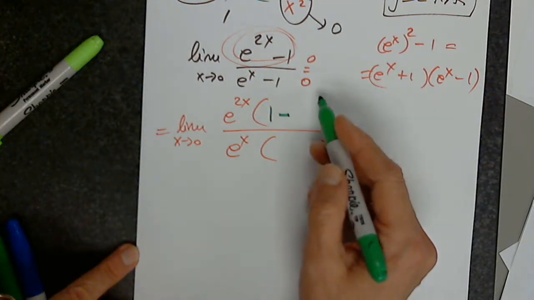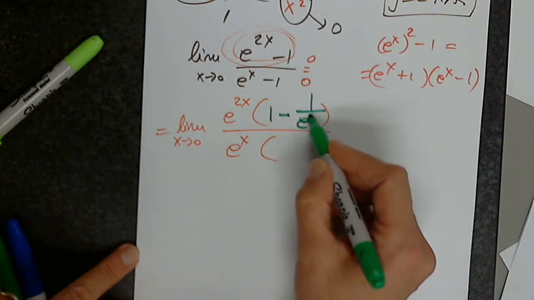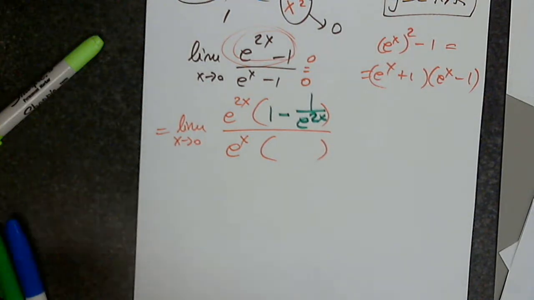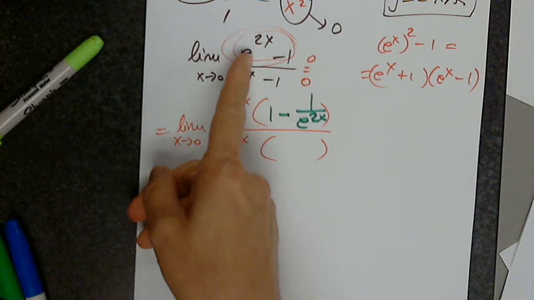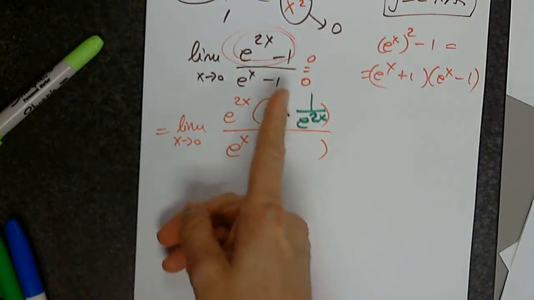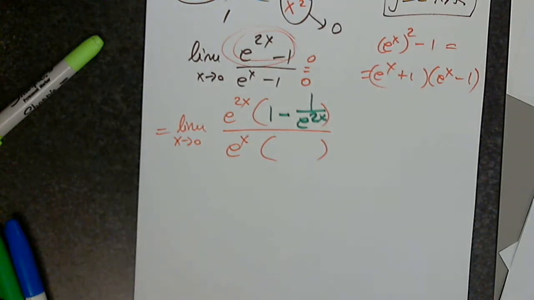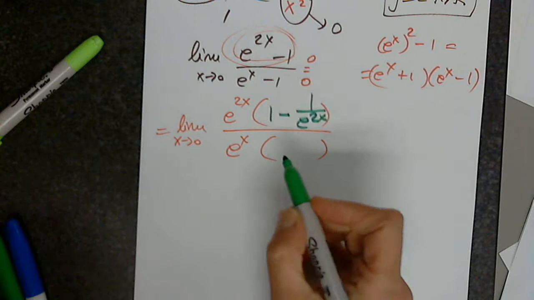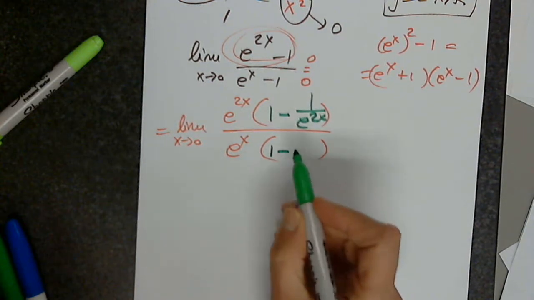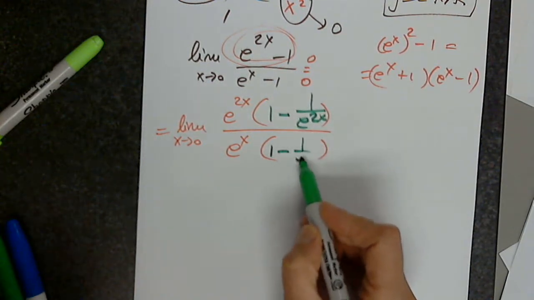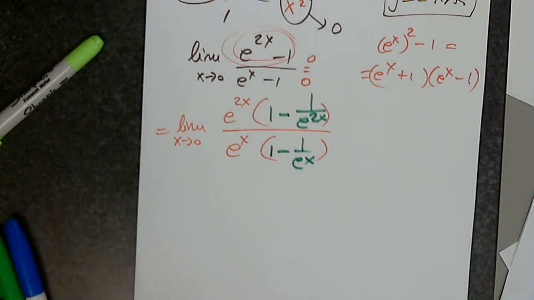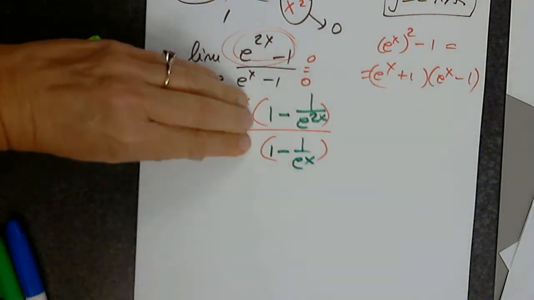Exactly. 1 over e to 2x. So whatever you put in here, take a moment and check. This times this is this. This times this is this. Good. So then it's correct. Now about the denominator. What do I have left in parentheses in the denominator? Very good. Perfect. Okay. Leave this for a moment alone.